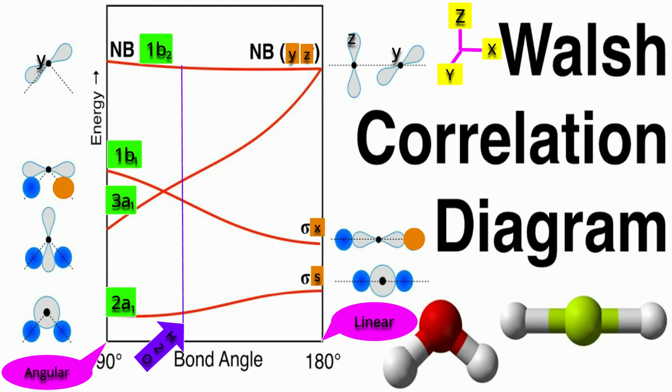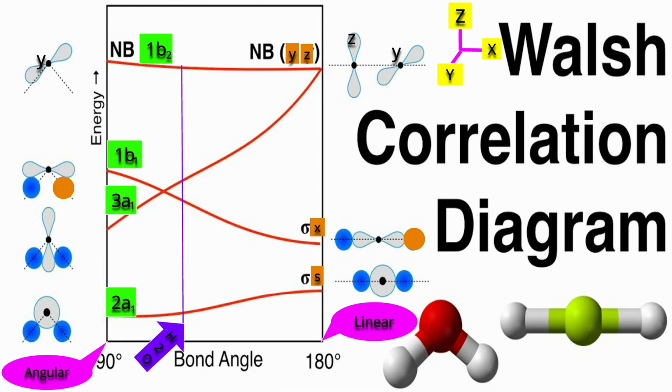Therefore, in the angular molecule, the sigma x orbital will increase in energy. More correctly, 1b1, which is a result of sigma x in the angular structure, will be higher in energy than sigma x. So electron existing in sigma x, what will be the feeling of the electron? Uneasy.